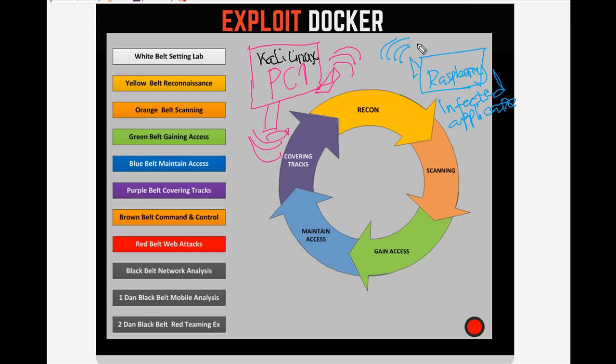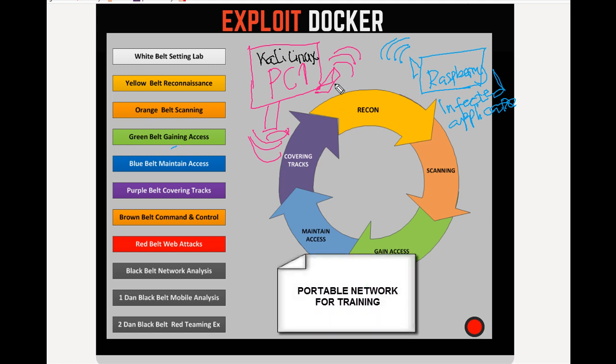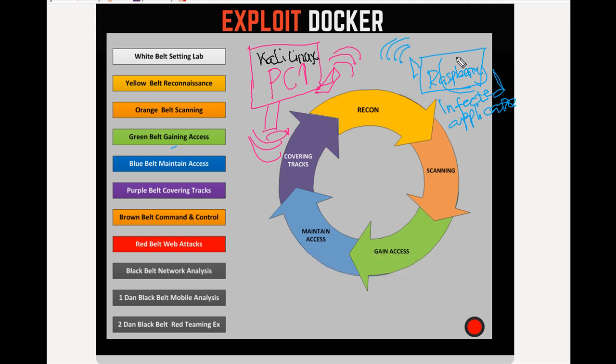I've got a link to the operating system and the methodology for how you're going to install this Raspberry Pi. This allows us to use it on the move. You could be in a hotel, you could be at your place, and you don't want to run too many cables. All you need is these two Wi-Fi cards, Kali Linux, and the Raspberry Pi.